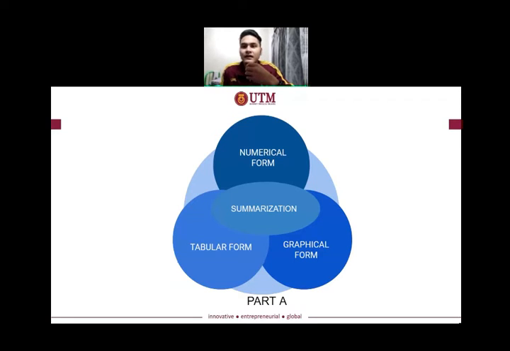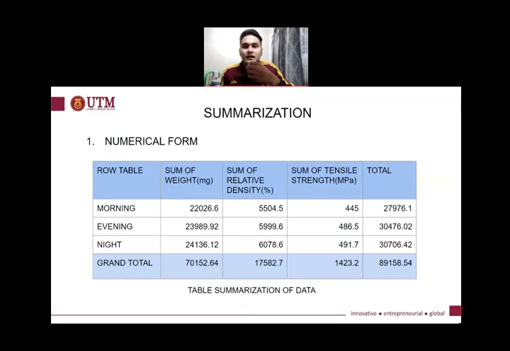For part A, there is a summarization in 3 forms: numerical form, tabular form, and graphical form. This is data in numerical form.